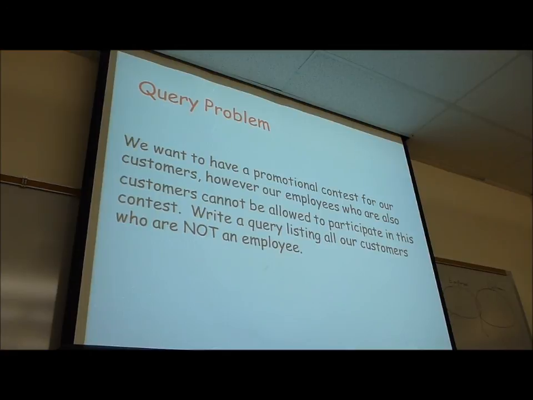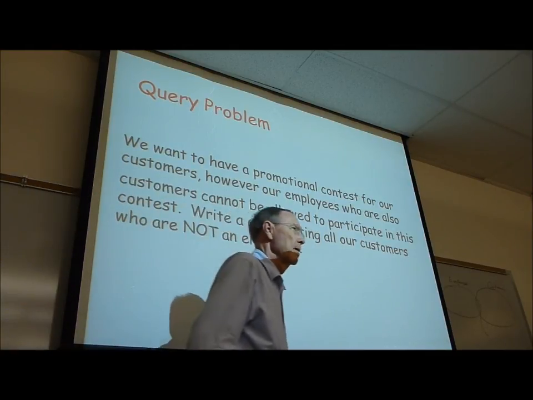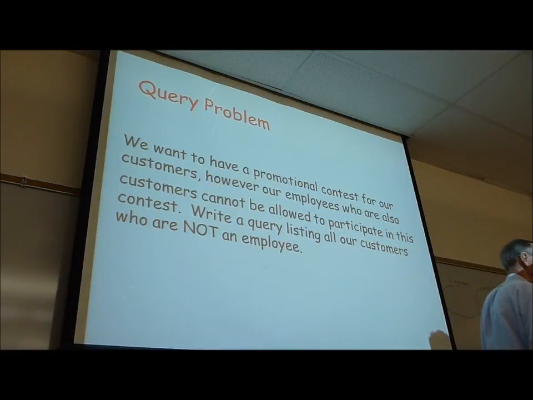Write a query listing all of our customers who are not an employee. Gee, that sounds familiar, doesn't it? Not intersect. We could do that with outer join too, couldn't we? But we don't want to do that anymore. Could you just write an exception statement?